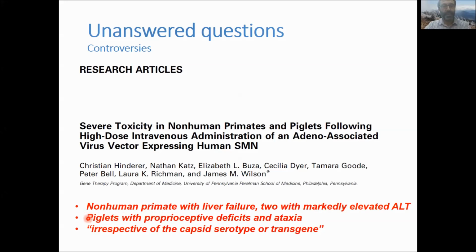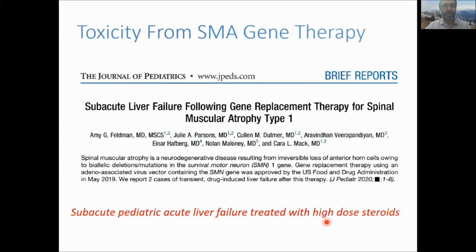And then in the piglet model, what are termed proprioceptive deficits and ataxia, loss of balance. And this was related to actually nervous system toxicity. And it wasn't AAV9, but it wasn't Zolgensma. So essentially a red flag and lots of concern.